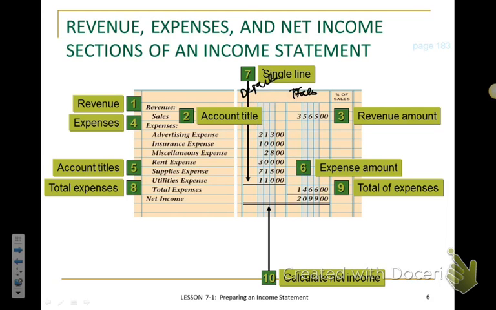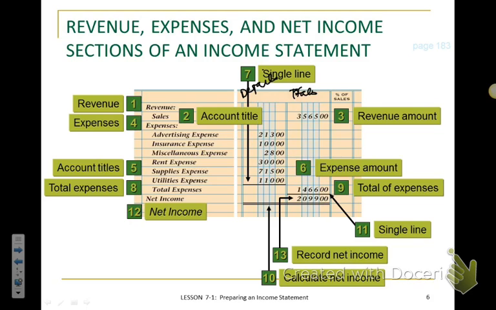Then we calculate the net income or loss, and again, we would put that in that totals column. So our income or loss is calculated by subtracting our expenses from our total sales and putting the total in at the bottom. We single rule again to show that we are doing a numerical calculation here, and then we put the net income and the dollar amount.